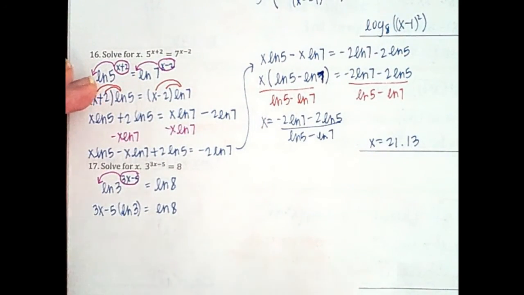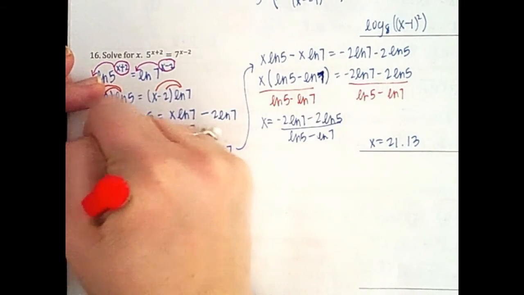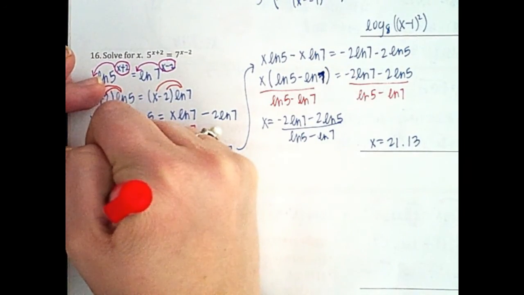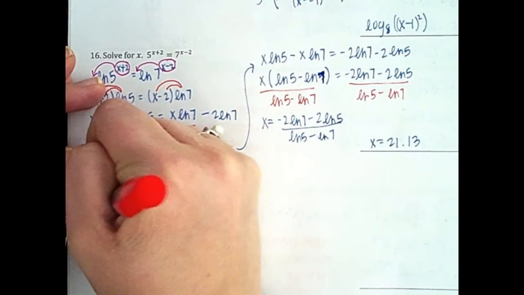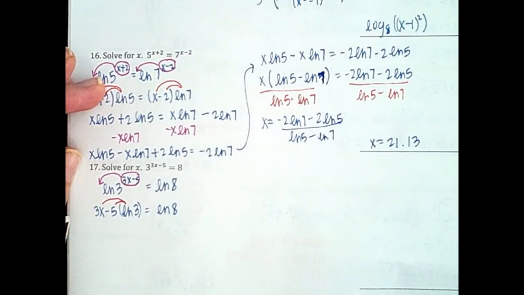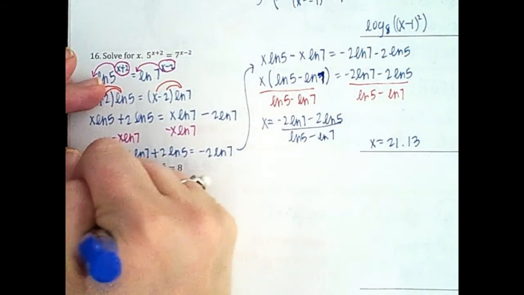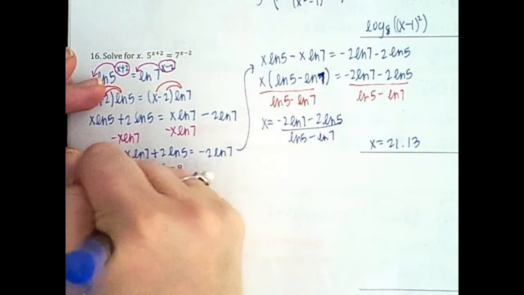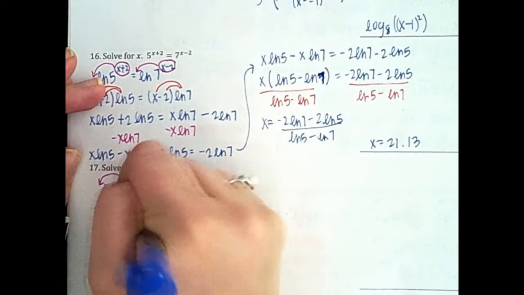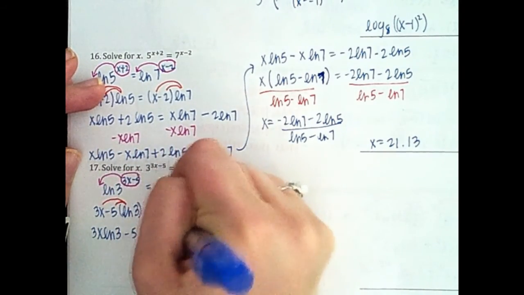And so then what I am going to do is, you have a few different ways that you could do this, but I'm going to first distribute. So 3x times ln of 3 and 5 times ln of 3. So it would be 3x ln 3 minus 5 ln 3 equals ln of 8.